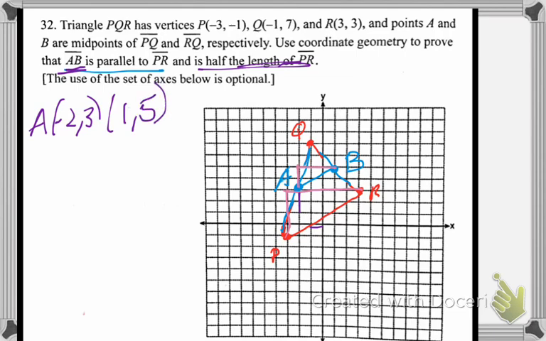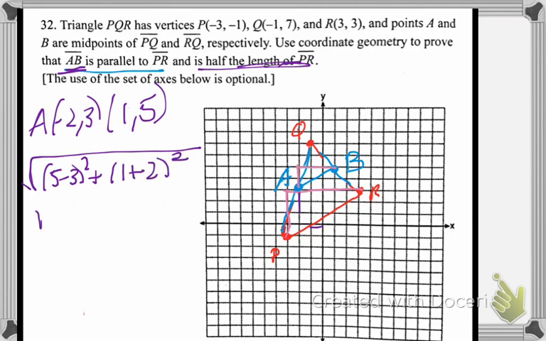Okay, so we're going to use the distance formula for that. So it's going to be y2 minus y1 squared plus x2 minus x1 squared. So this is going to give us 4, and that's going to give us 9, and we get radical 13.